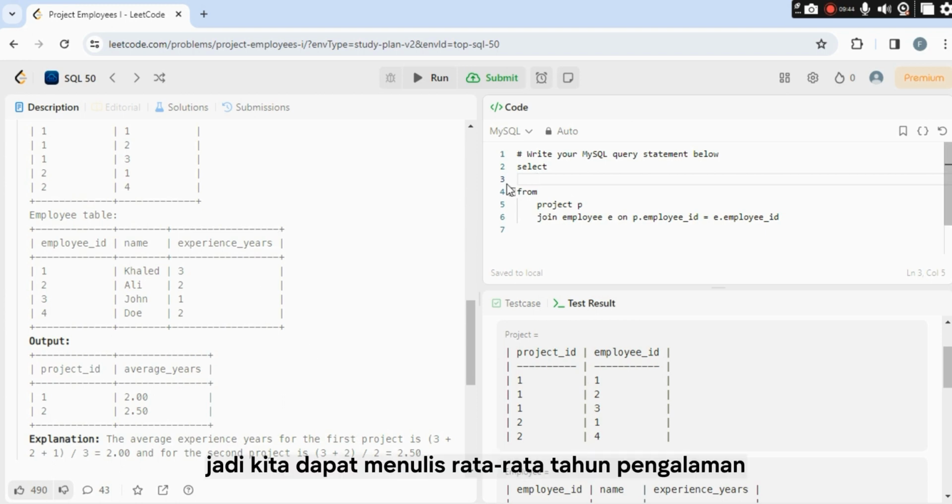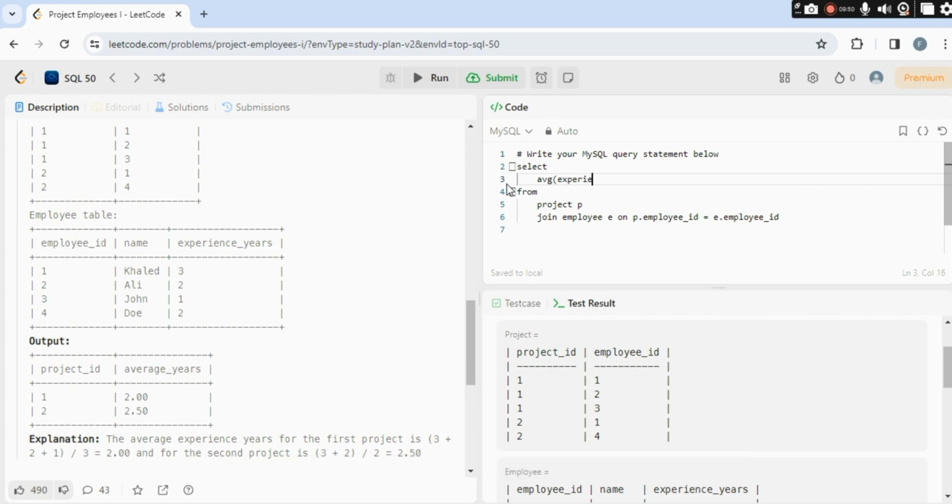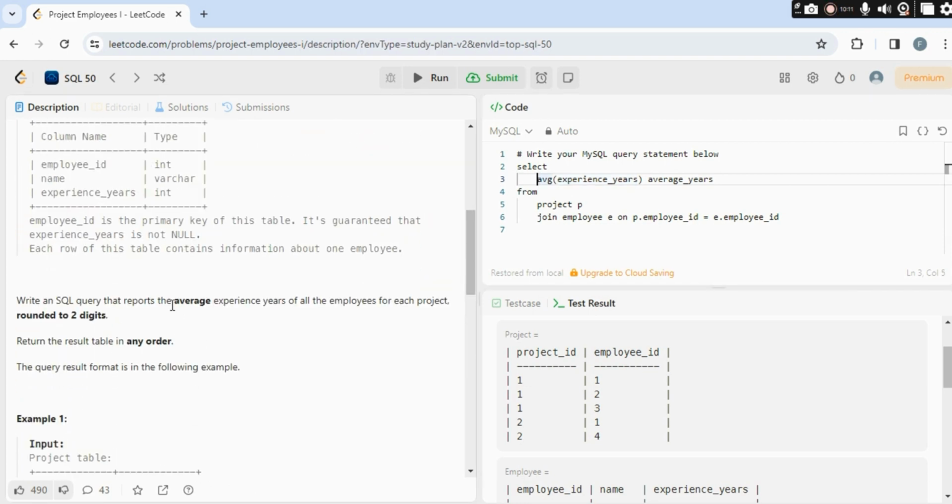So we can write this: average of experience years as average years. Alright, let's try.